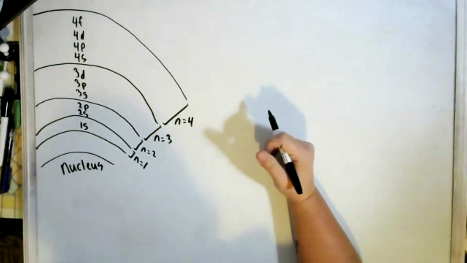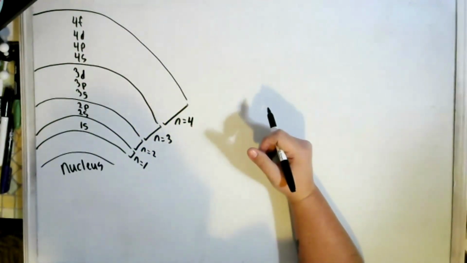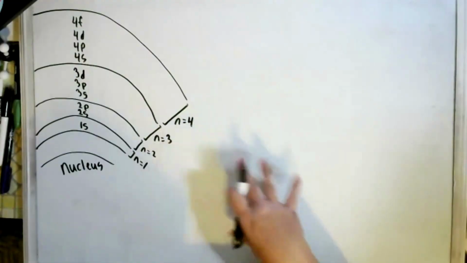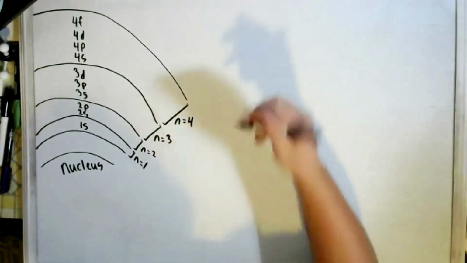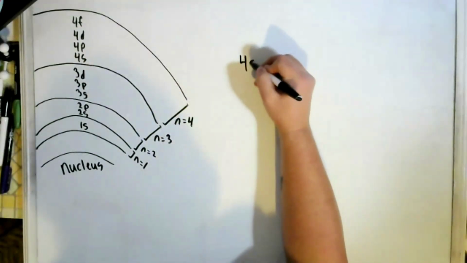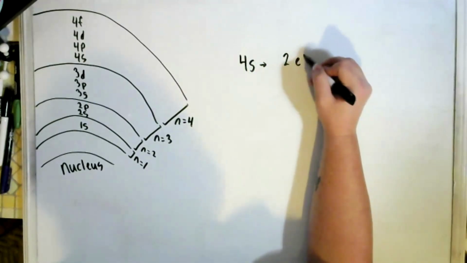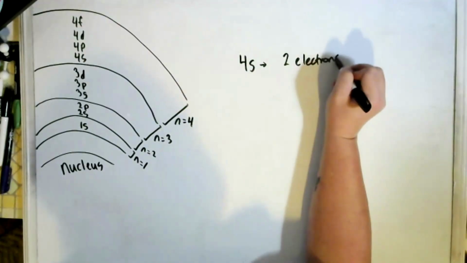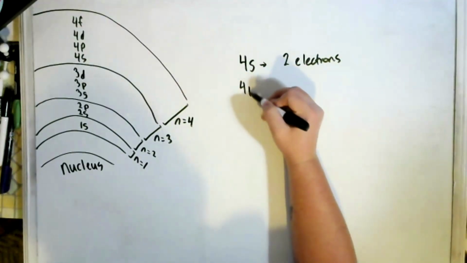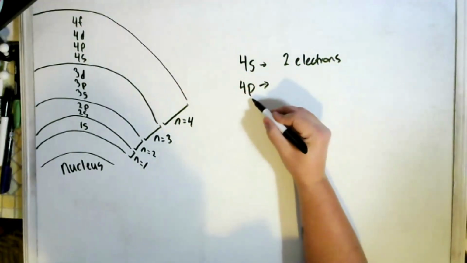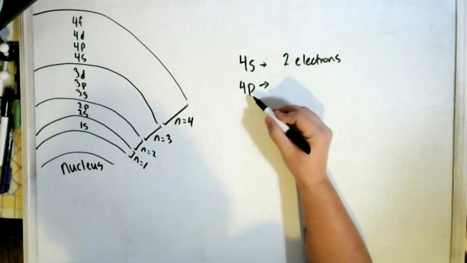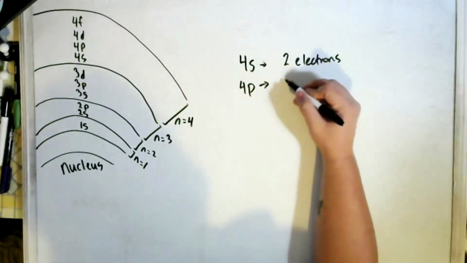Now figuring out how many electrons are possible, we can go back to that picture we just had for the last question, right? If we have a 4s sublevel, we know that that can hold a maximum of 2 electrons. If we have a 4p sublevel, our p sublevels can hold a maximum of 6 electrons.